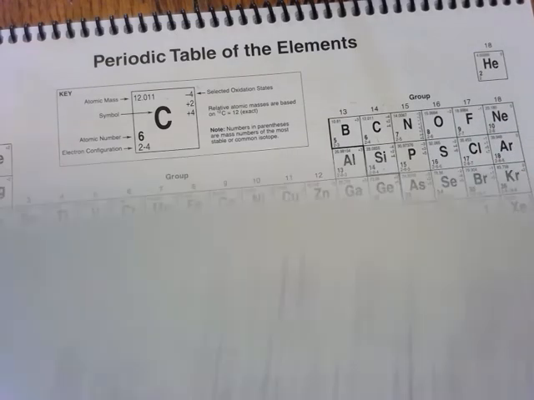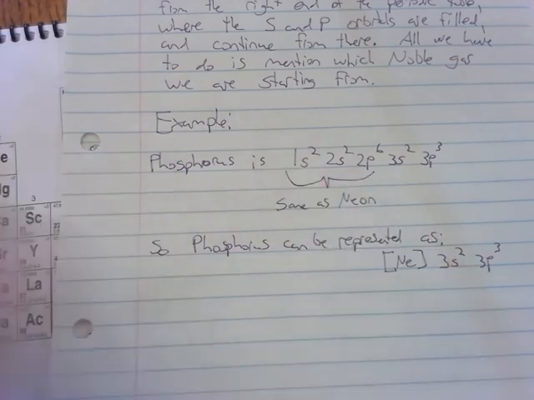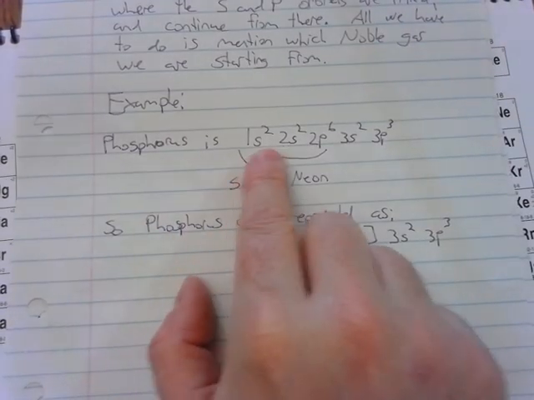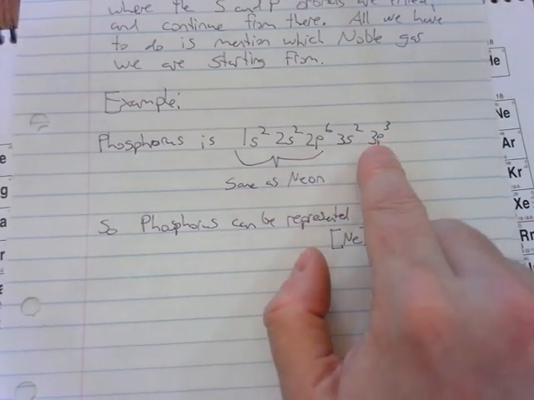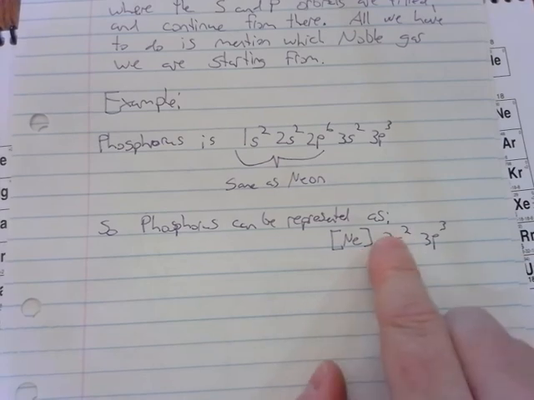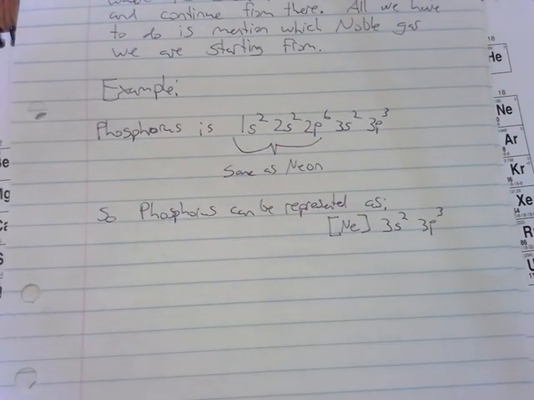So instead of saying 1s2, 2s2, 2p6, let's just replace that with the symbol for neon. So instead of phosphorus being 1s2, 2s2, 2p6, 3s2, 3p3, let's just say that phosphorus is neon, 3s2, 3p3. Because this is neon.